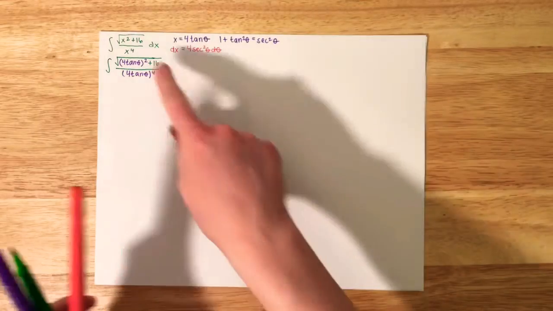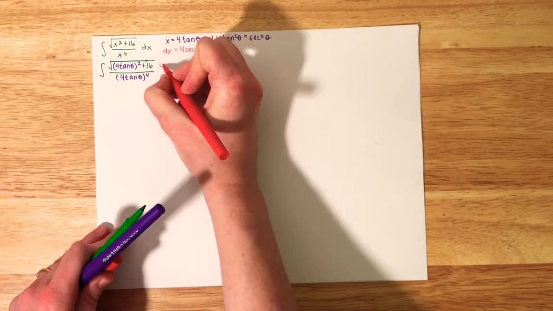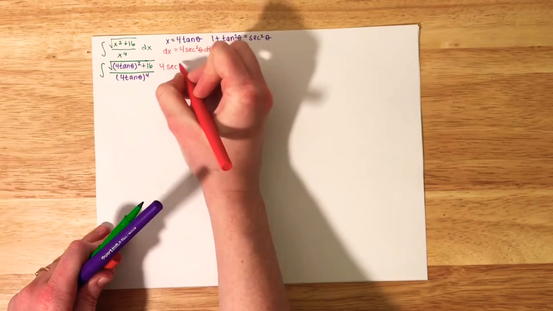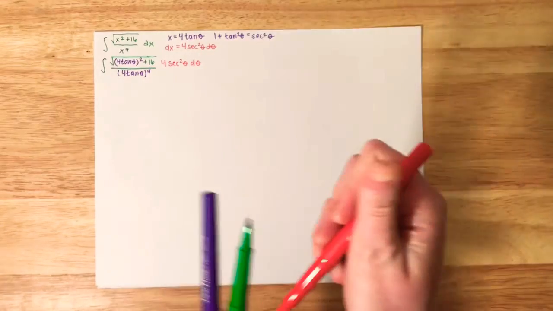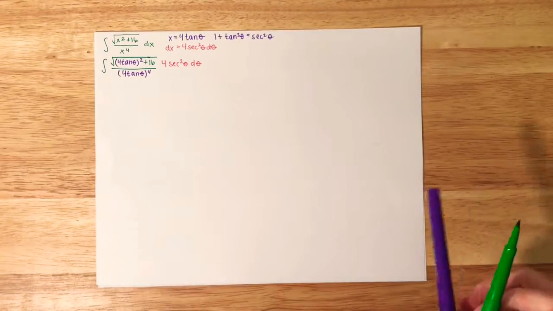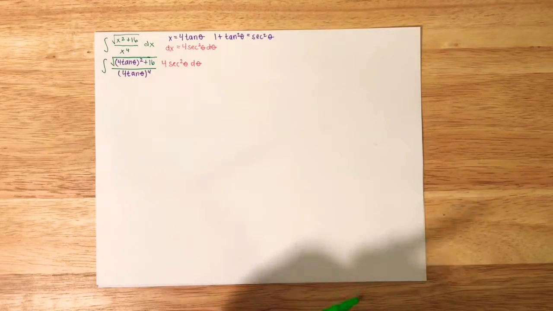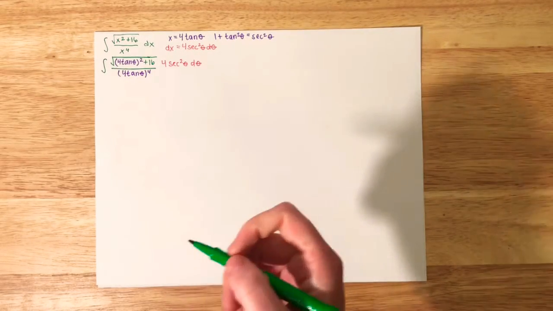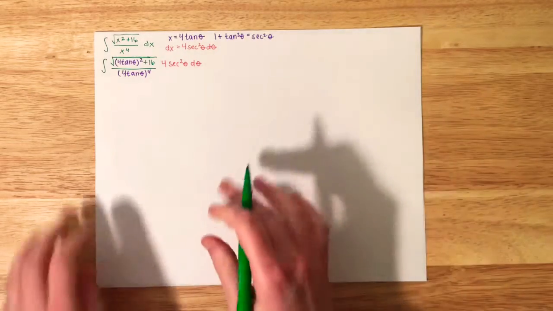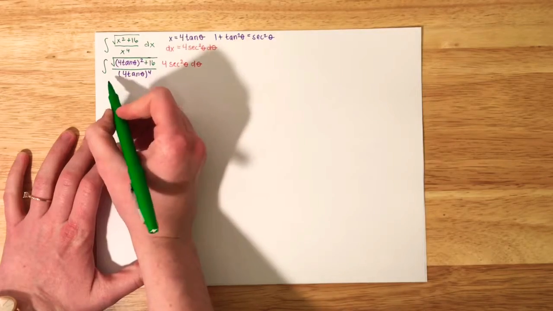Now we have our substitution for dx here, so this is all multiplied by 4 secant squared theta d theta. Awesome. So I hope these colors can help you see where all these substitutions are going. And from now on, I'm just going to use the same color. All right, so let's work on simplifying these expressions.